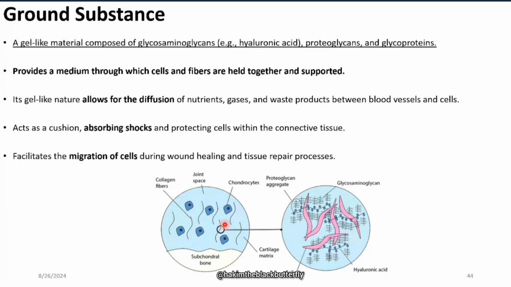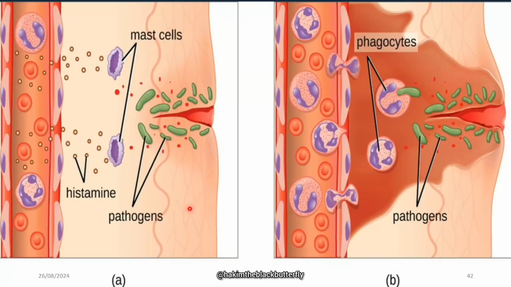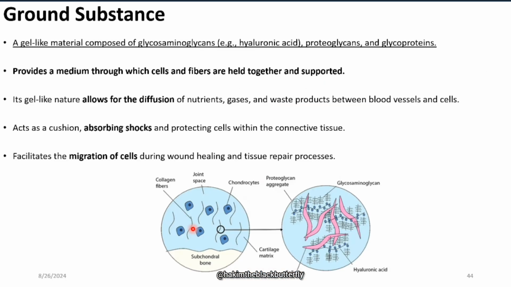But also remember, close to the connective tissues, we have epithelial tissues that contain epithelial cells, cells that have to be continuously nourished. And these nourishments come from the underlying blood capillaries in the connective tissues. So the nutrients here go through the ground substance to reach the cells. So that's another function of the ground substance.